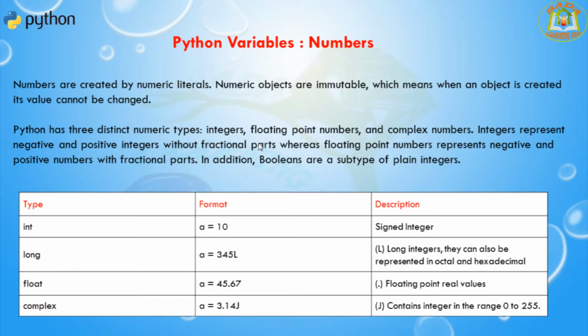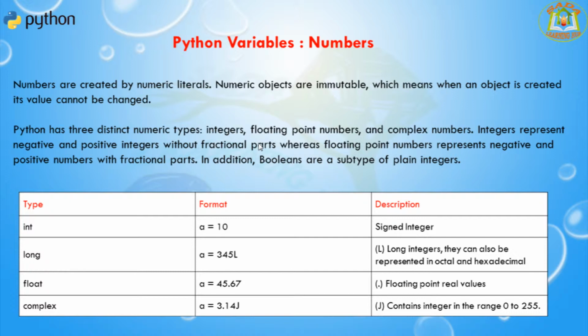Numeric objects are immutable, which means that when an object is created, its value cannot be changed. It's not possible to change immutable values. Python has three distinct numeric types: integers, floating point numbers, and complex numbers.